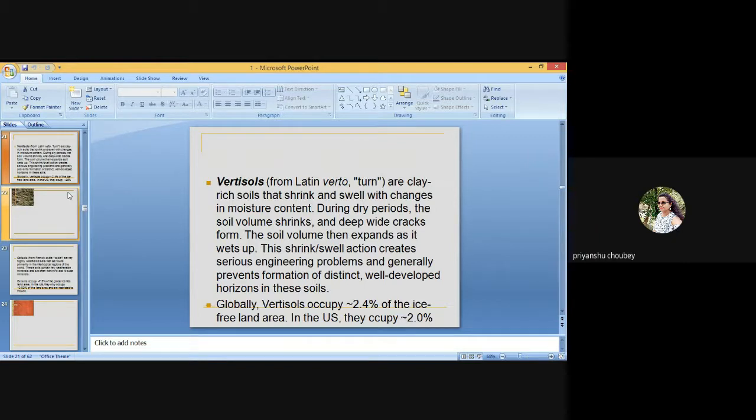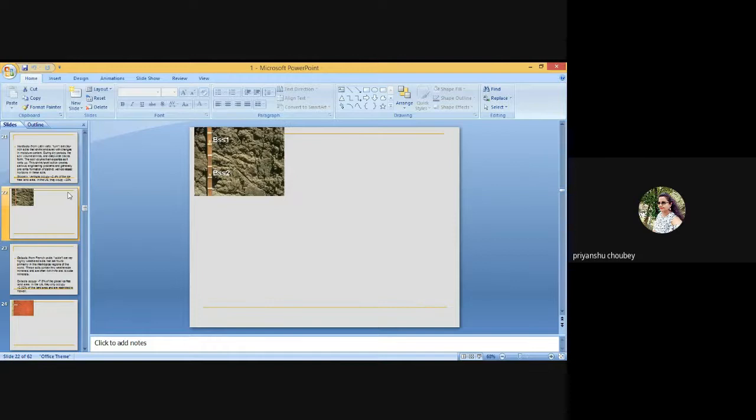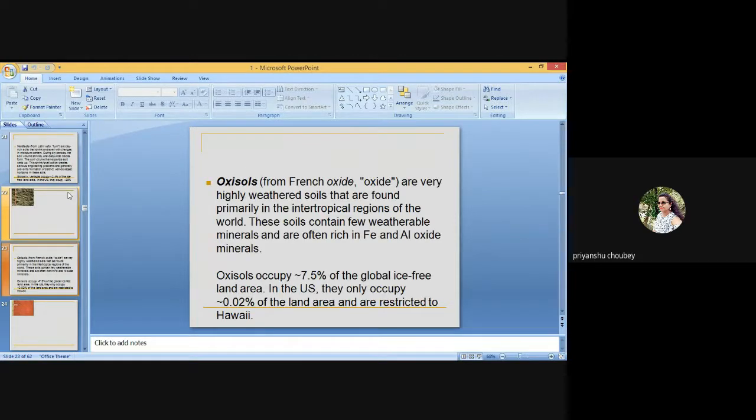They occupy about 50 million hectares and occur in Maharashtra and Madhya Pradesh, Gujarat, Rajasthan, Chhattisgarh and some parts of Karnataka and Tamil Nadu.